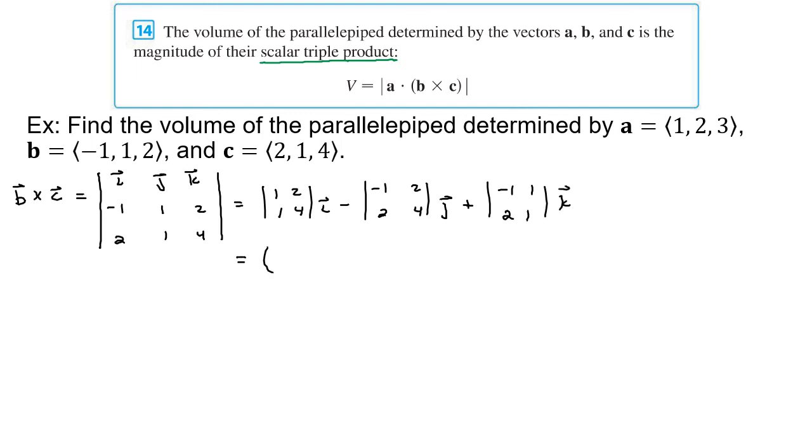And so this would be 1 times 4 is 4, minus 2 times 1 is 2. On the J part, I would do negative 1 times 4 is negative 4, minus 2 times 2 is 4. And on the K, negative 1 times 1 is negative 1, and 2 times 1 is 2.